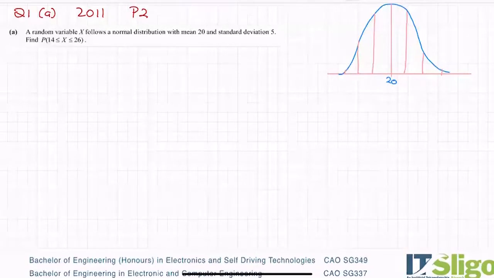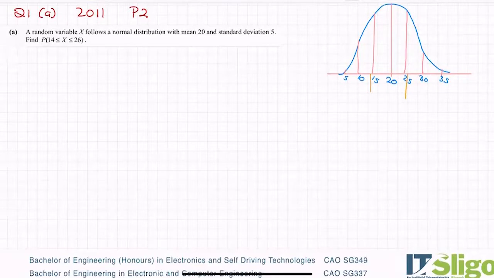So 20, my standard deviation is 5, so that's 25, 30, 35, and I come down in 5, so 15, 10, and 5. So it's wondering how many is between 14, which is here, and 26.